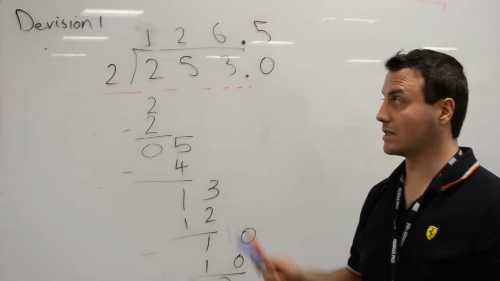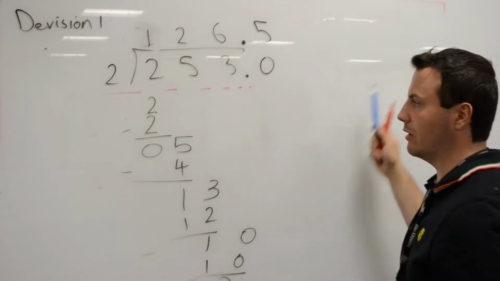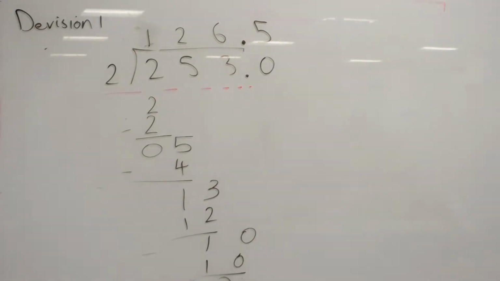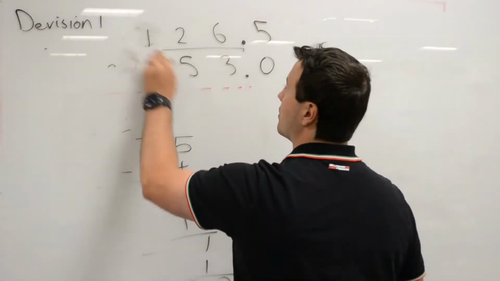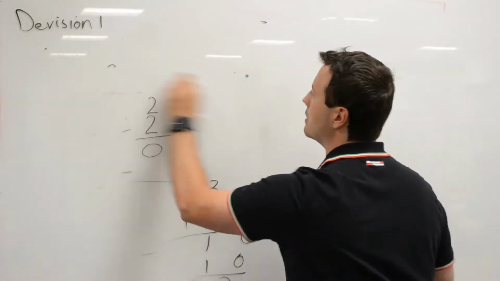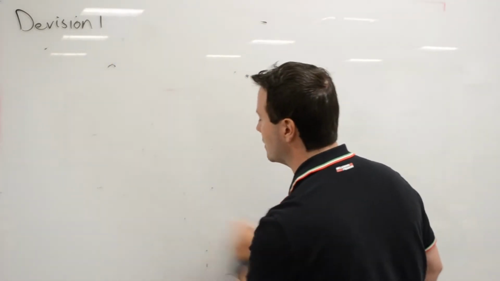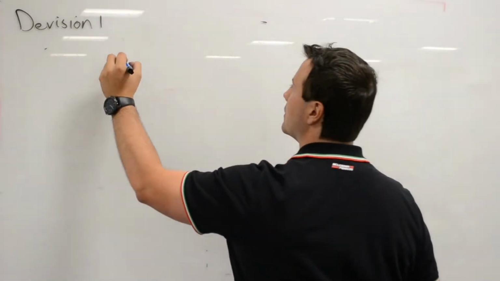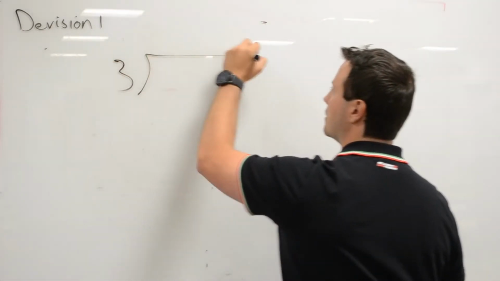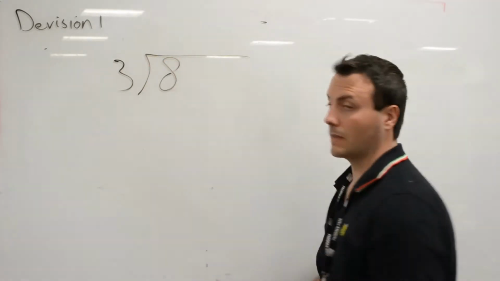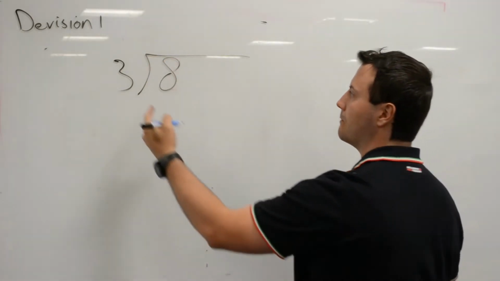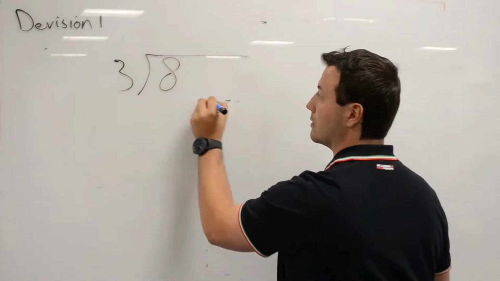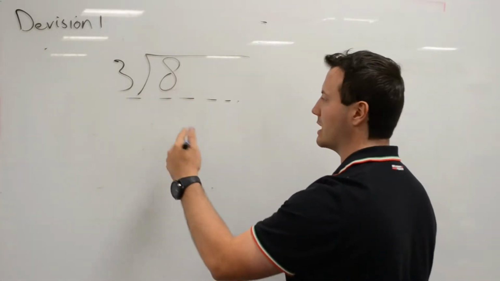But sometimes you can get decimal answers which carry on. A quick example is 8 divided by 3. Always try to remember the same pattern here.